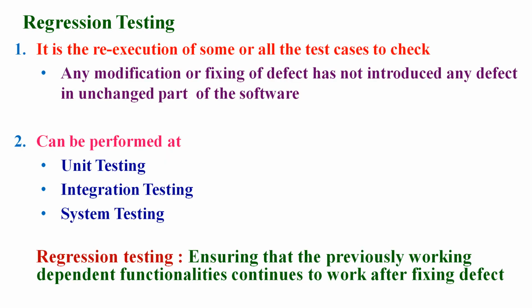Now see, what is regression testing? Regression testing is nothing but the re-execution of some or all the test cases to check, that means some or all means which are the dependencies, whether any modification or fixing of the defect has introduced any defect in the unchanged part of the software.